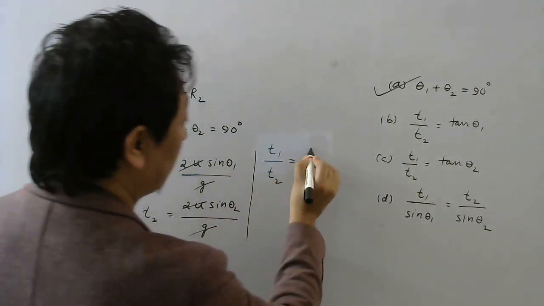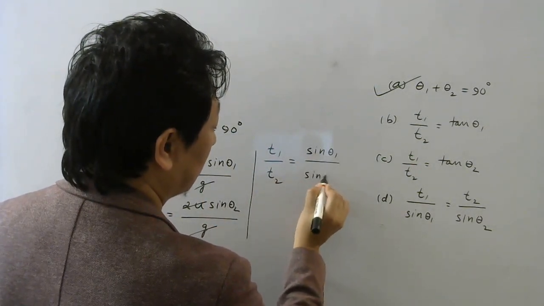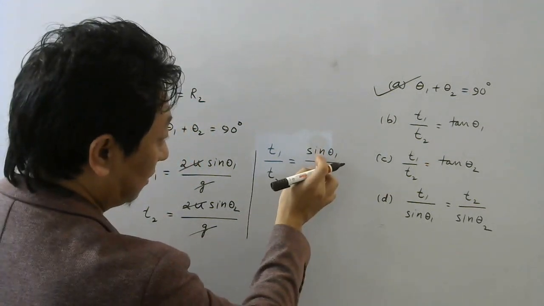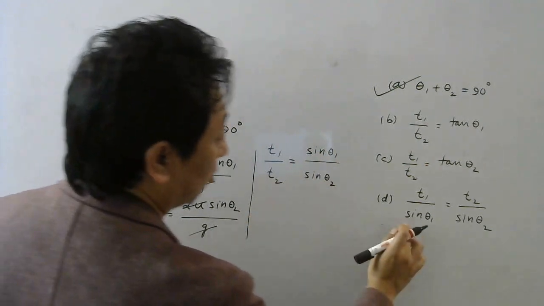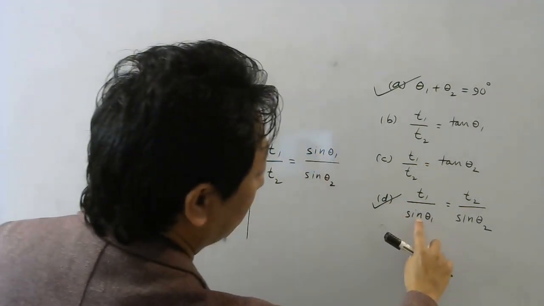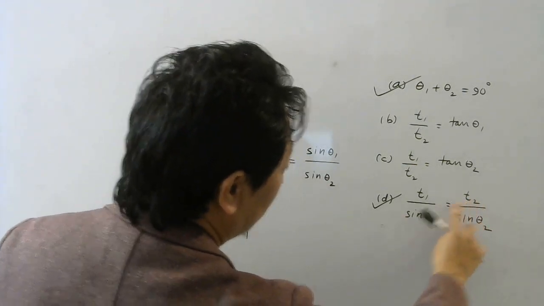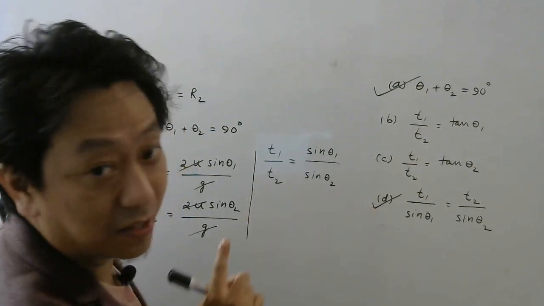So sine theta 1 divided by sine theta 2. Now if I bring this sine theta 1 this side and t2 that side, you can see option D is also correct, right? Or you just cross multiply sine theta 1 here, t2 here, and this will match with this. So option D is correct.